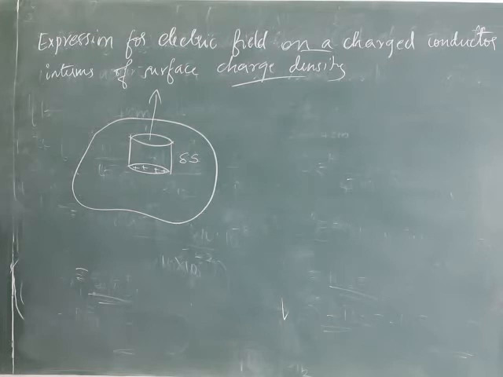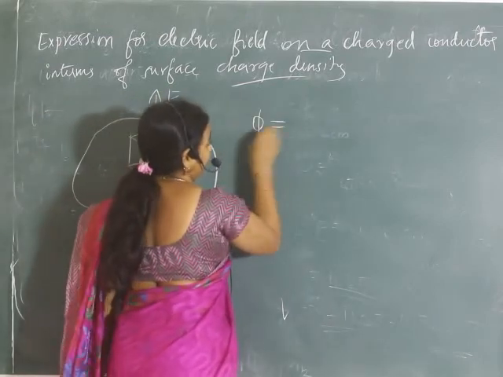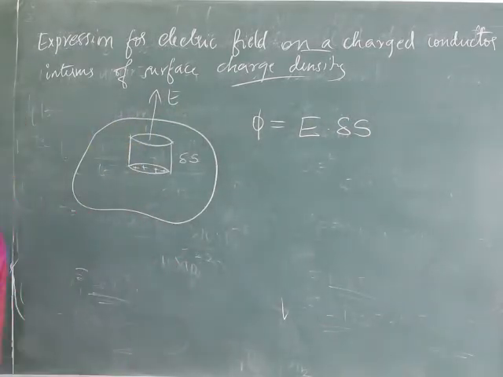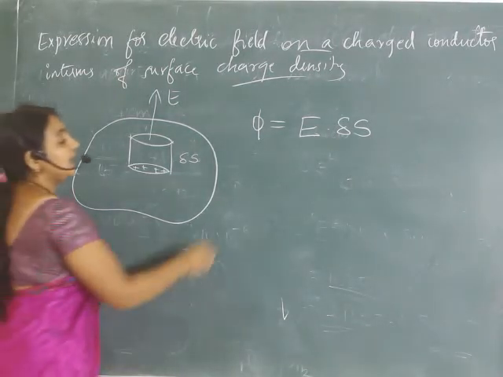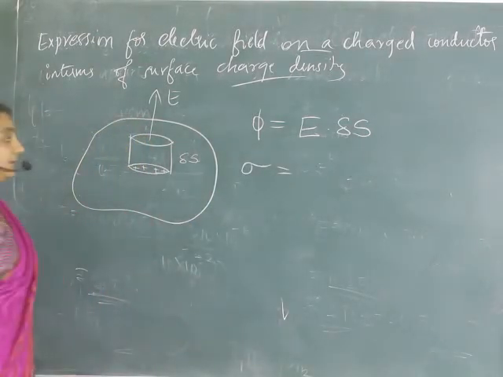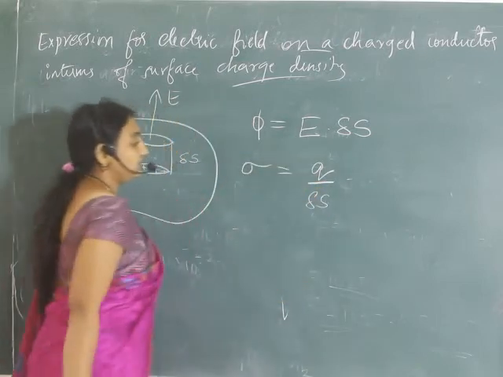If E is the electric field strength, then I can say flux phi is equal to E into delta S. You know that electric flux phi is equal to E into delta S from our previous chapter. You know that sigma is nothing but surface charge density, charge per unit surface area. Correct?